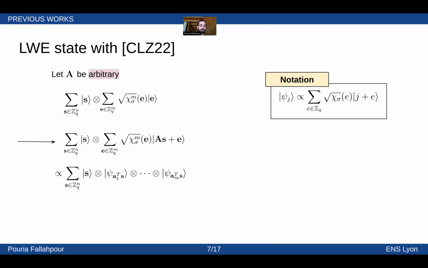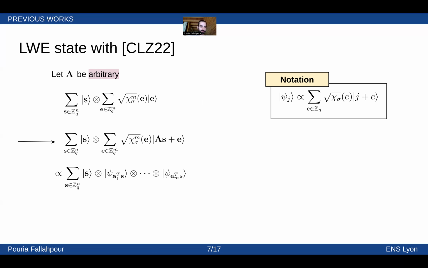So they tried to define a different notation to interpret this register differently. For example, let's define |J⟩ to be the superposition of J plus E with the amplitude being the square root of the Gaussian distribution of E.